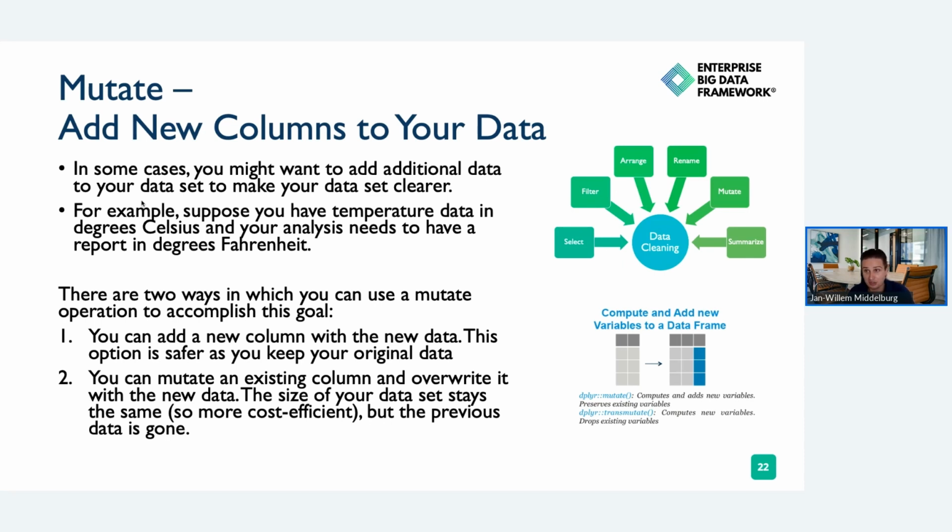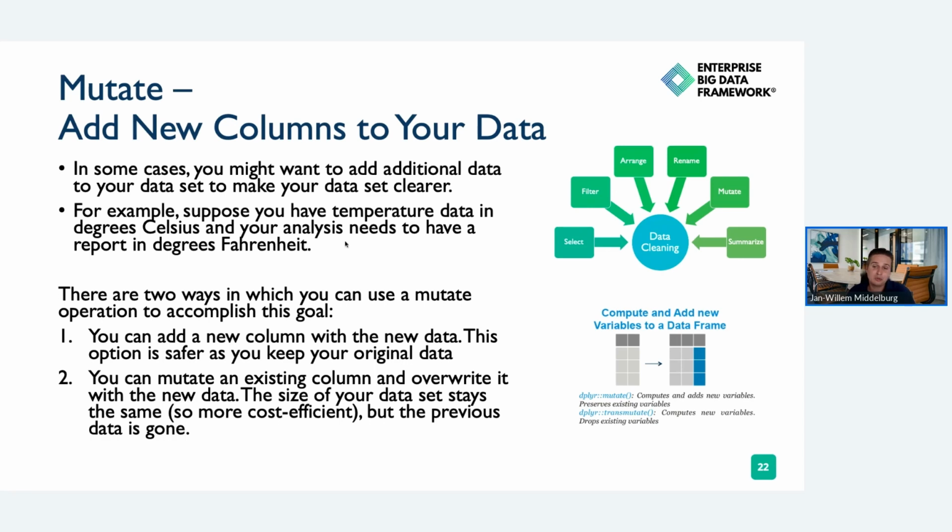A common example that you see here on the slide is changing things from degrees in Celsius to degrees in Fahrenheit. You could do that very easily by adding a new column with the new data. It makes sure that you don't overwrite your existing data, so you can always make the comparison. And in mutation, we're adding a data column, typically as a new format that we're interested in.